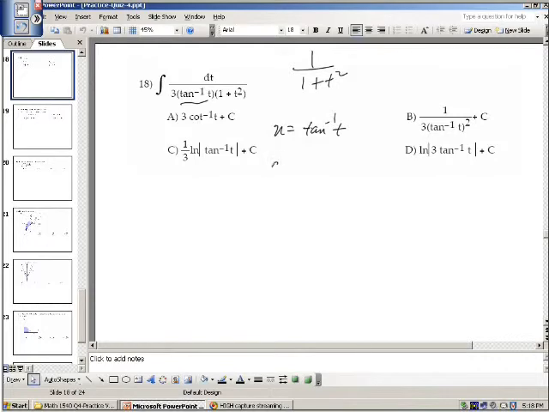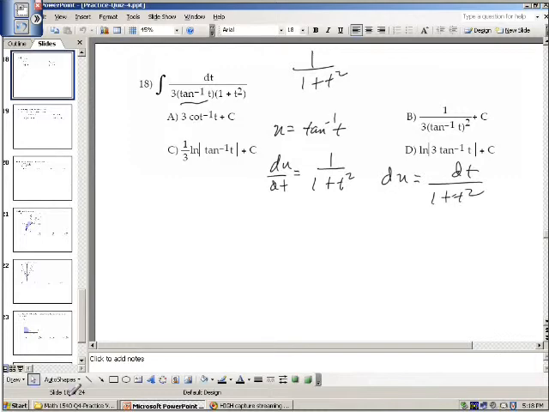So du dt is equal to 1 over 1 plus t squared. So du is equal to dt over 1 plus t squared.